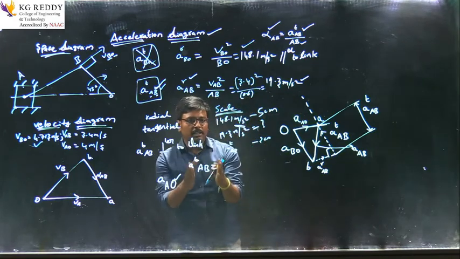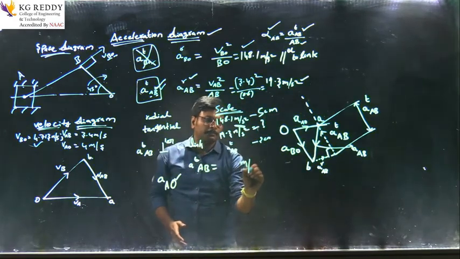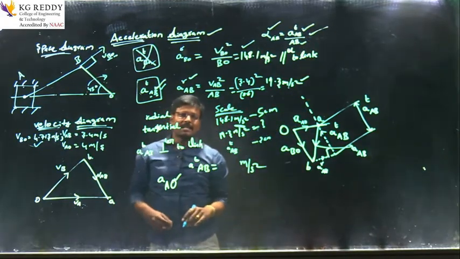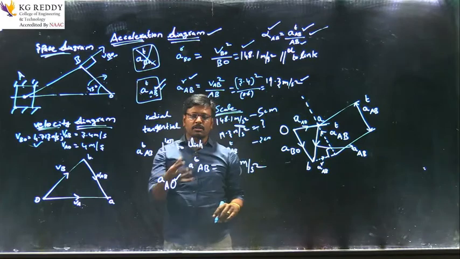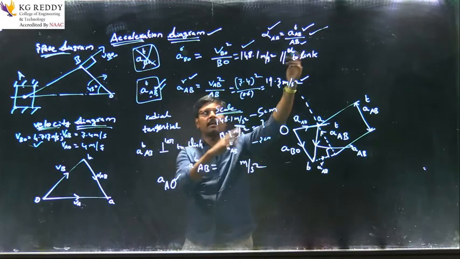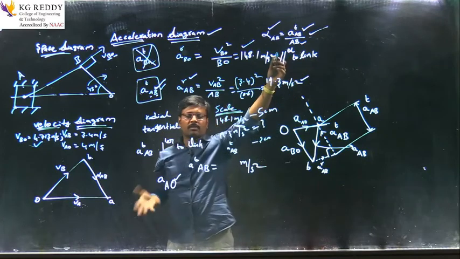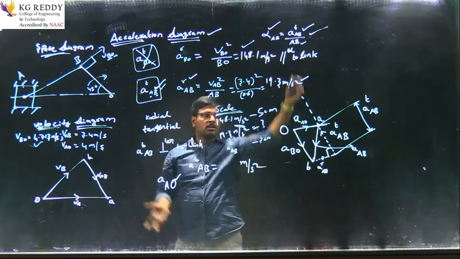From this value we will get alpha, that is the angular acceleration. We can substitute there, and we know the length of AB is 600 mm, right? We have to convert into meters. So this is the way.